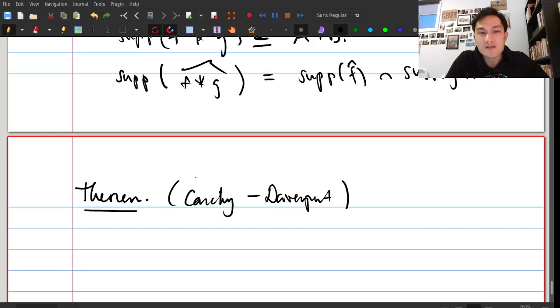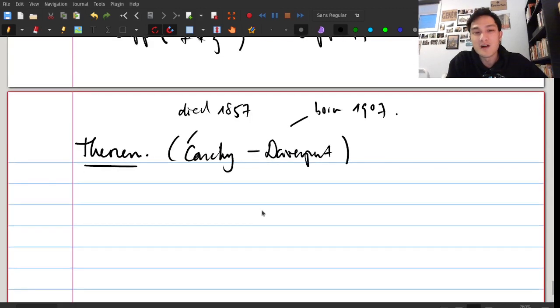It's funny because Cauchy died in 1857, and Davenport was born in 1907. So whenever I see Cauchy-Davenport, I imagine the ghost of Cauchy, all blue like Obi-Wan Kenobi, helping Davenport do his proof. But I think what actually happened is Cauchy proved it 100 years before Davenport, and Davenport just didn't see it and proved it independently. That's how it usually is with these things.